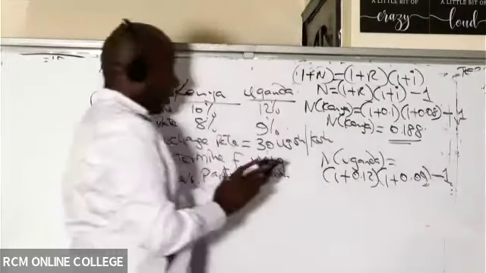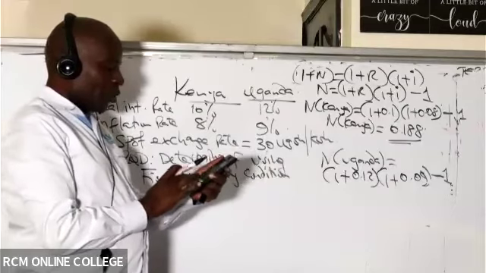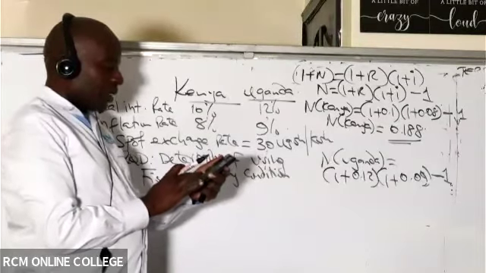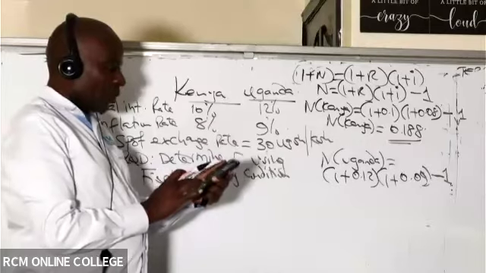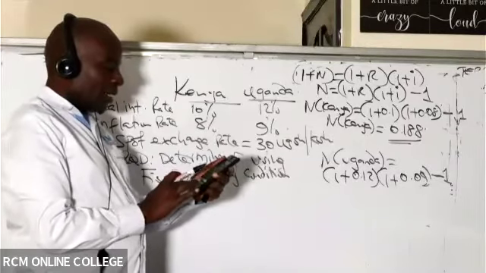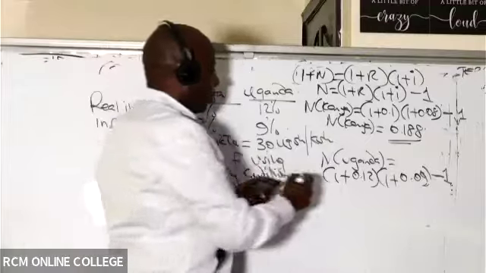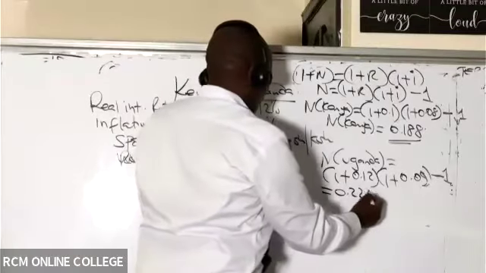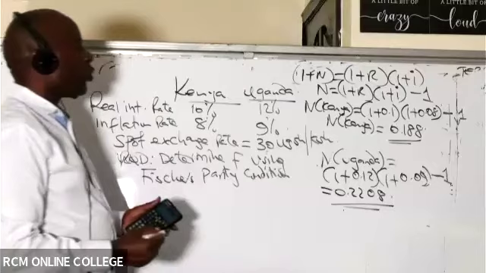So this will give me 1 plus 0.12 into brackets 1 plus 0.09, minus 1 equals. I'm getting quite a huge figure, 0.2208.